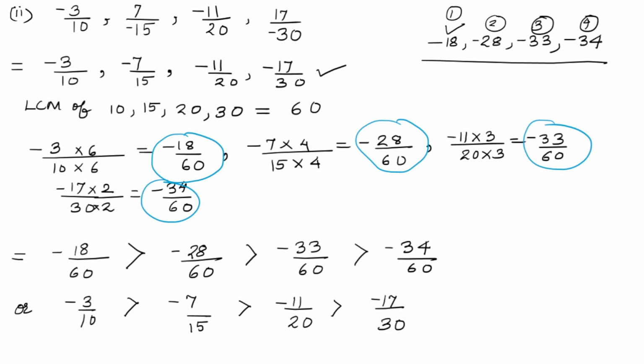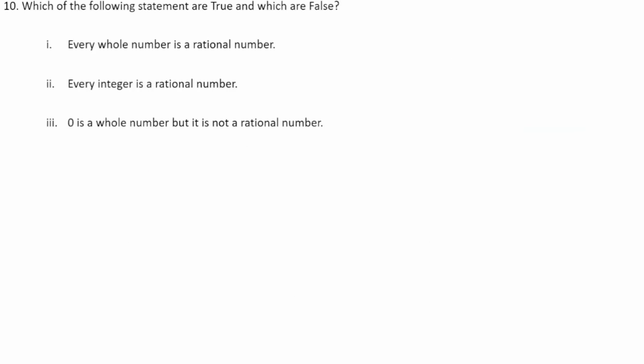So this number here is greatest, and this number here is the smallest number. Likewise, you can do question number 3 and question number 4. Now coming to the last question, where you need to state whether the statements are true or false.